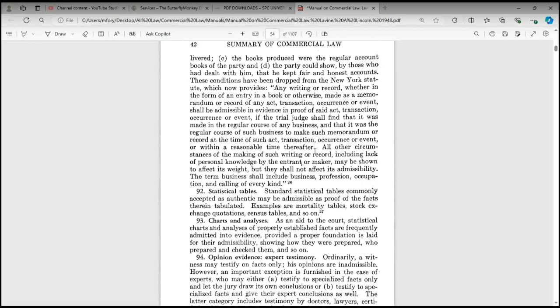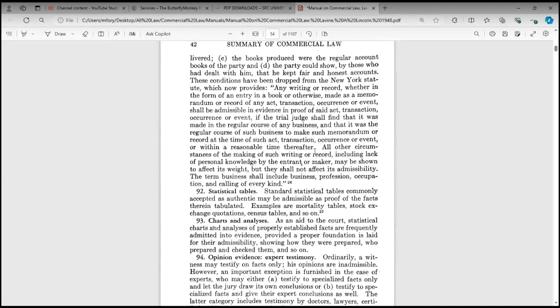These conditions have been dropped from the New York statute, which now provides: any writing or record, whether in the form of an entry in a book or otherwise, made as a memorandum or record of any act, transaction, occurrence, or event, shall be admissible in evidence in proof of said act, transaction, occurrence, or event, if the trial judge shall find that it was made in the regular course of any business, and that it was the regular course of such business to make such memorandum or record at the time of such act, transaction, occurrence, or event, or within a reasonable time thereafter.